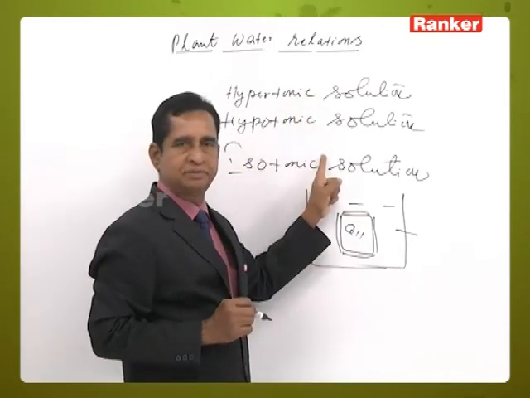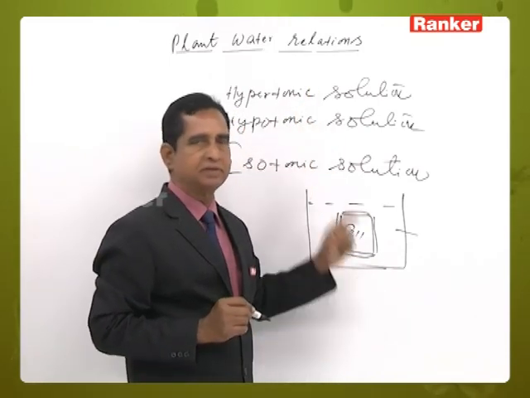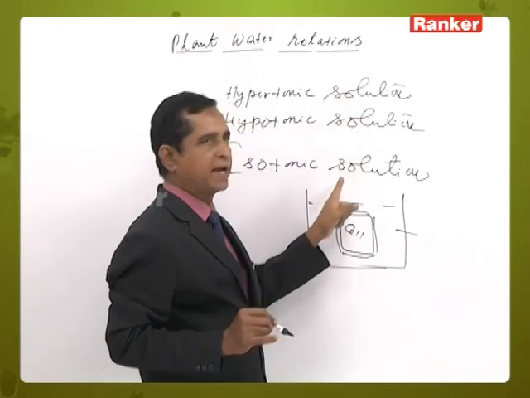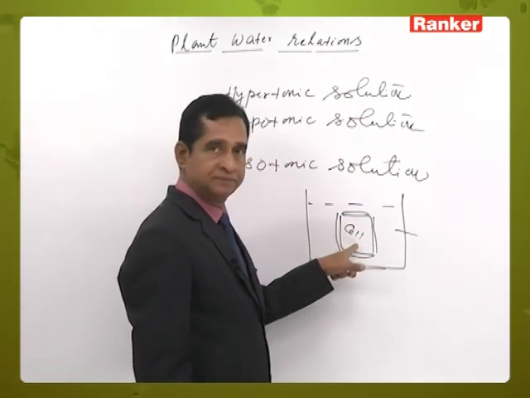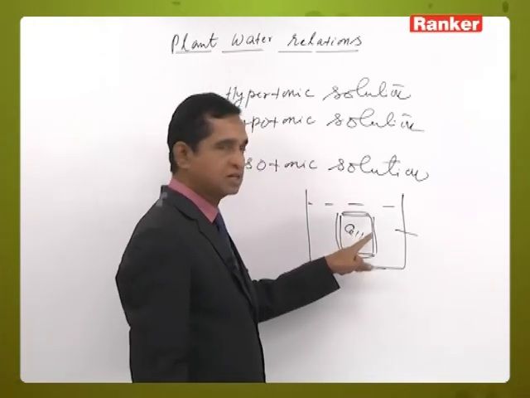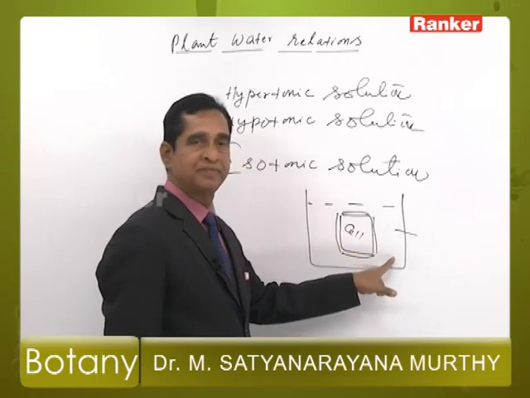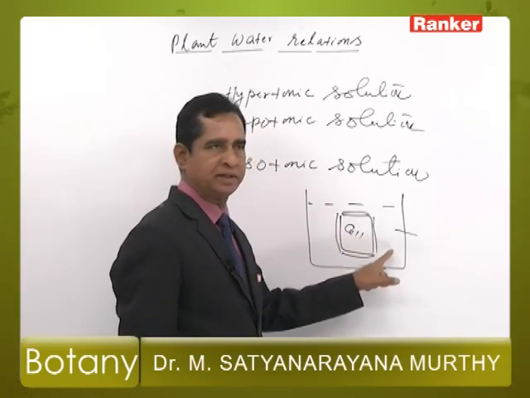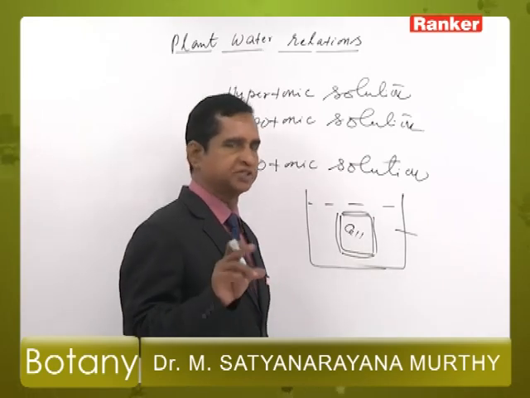These terms don't have absolute values, they are only comparative. So when a cell has equal concentration to that of the outer solution, both are said to be in isotonic condition.